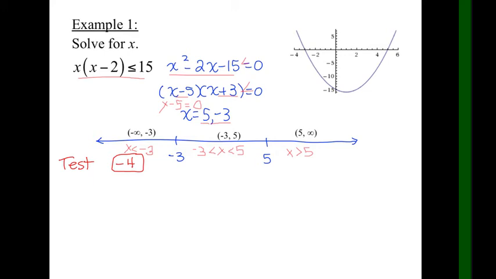And then between negative 3 and 5, let's say 0. So pwede ka lang magpili between negative 2.99 to positive 4.99. Okay? And then for above 5, let's say it is 6.